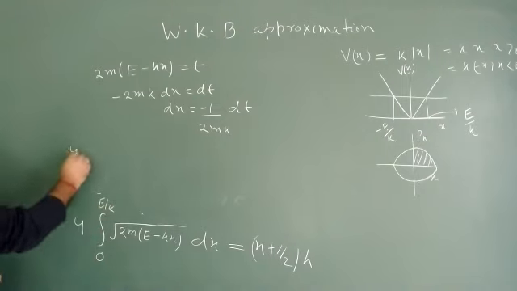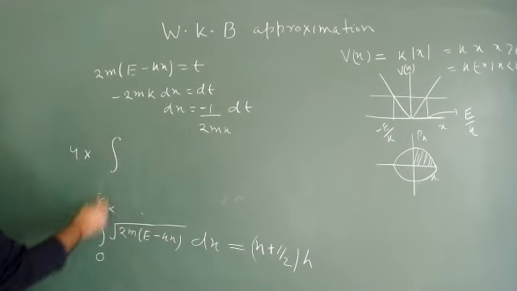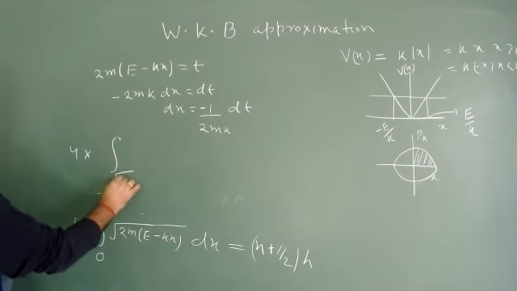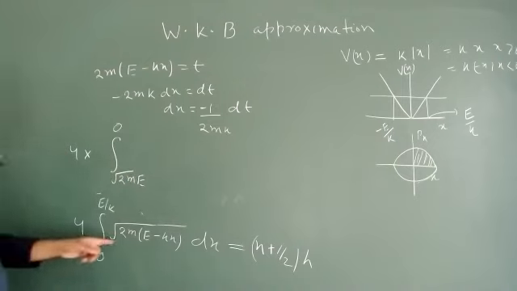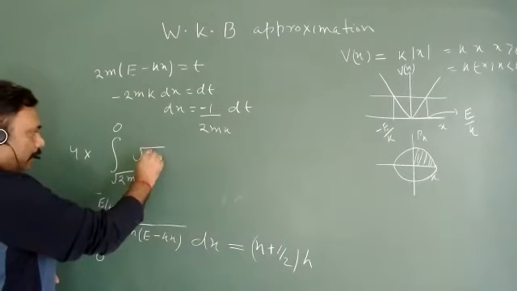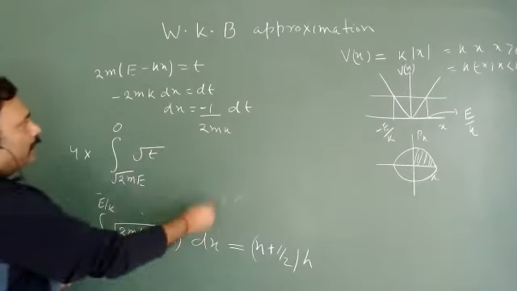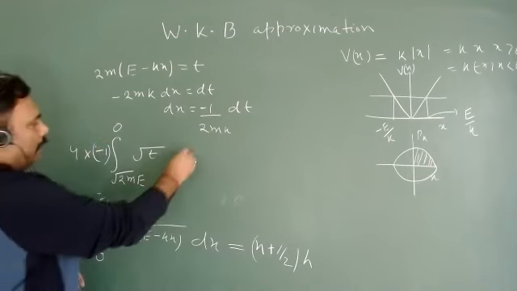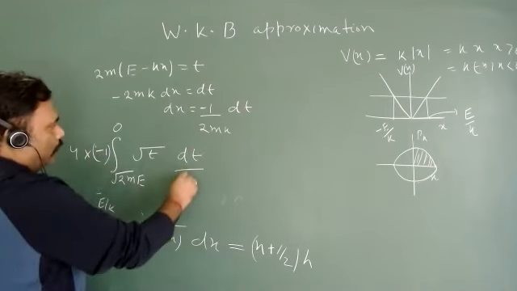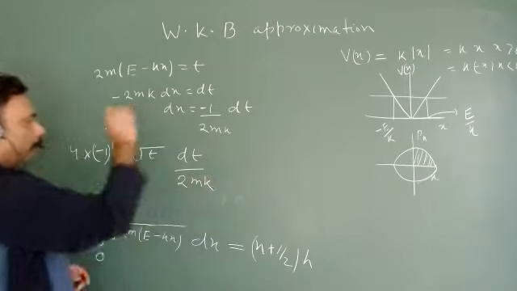So you have 0 to 2mE, this whole term is root t, and this dx, the negative sign is there, minus 1 is there, and we have dt upon 2mk.